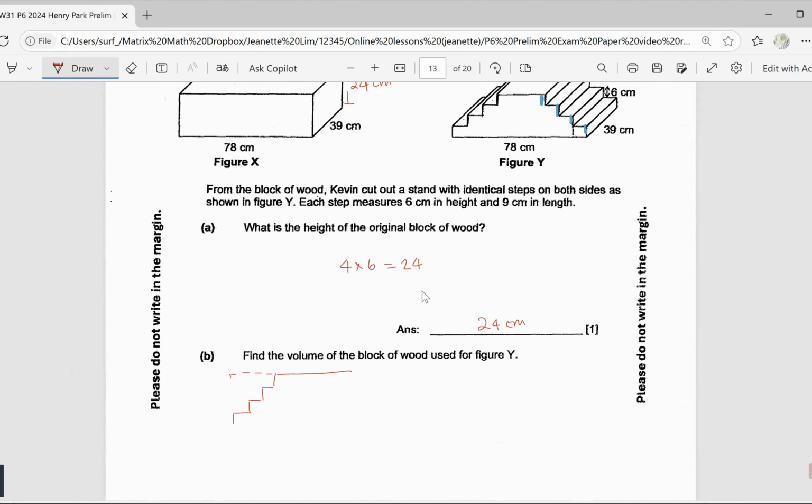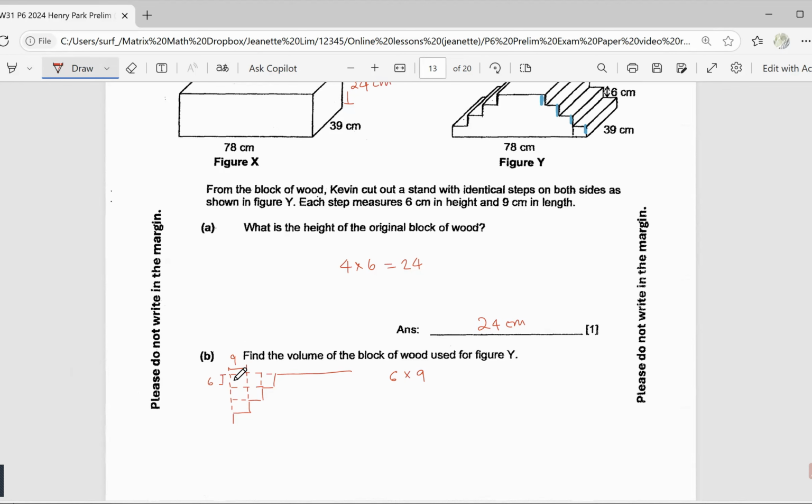From the side view, we cut them into rectangles, not squares, equal rectangles. The height of each step is 6, and the width of this is 9. So 6 times 9.